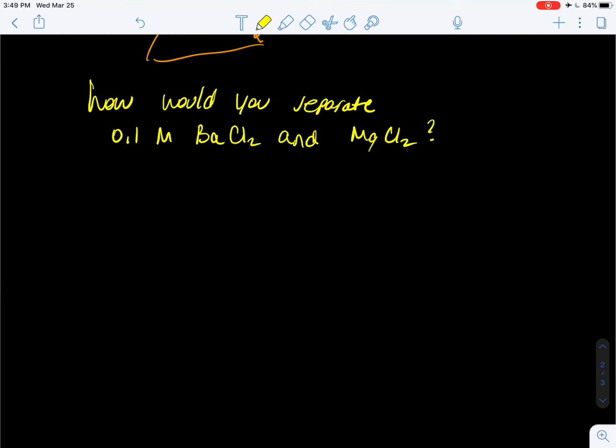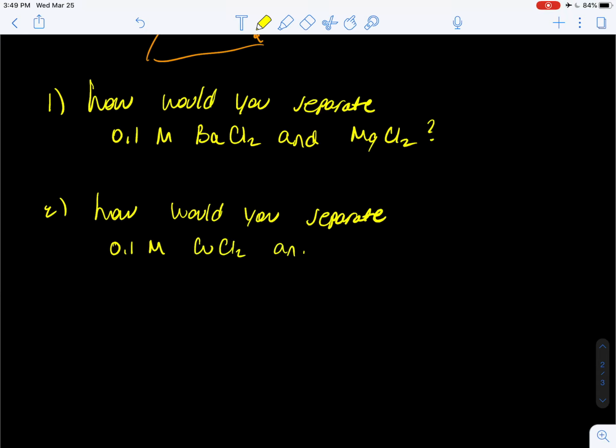Okay, another one. How would you separate 0.1 molar copper chloride and 0.1 molar iron 3 chloride? Okay.